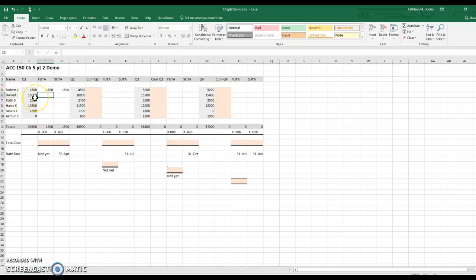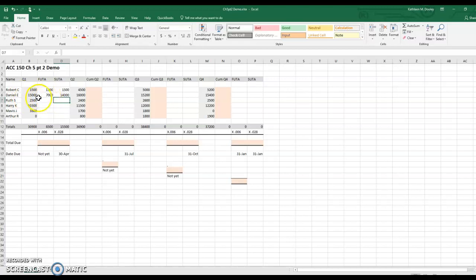Now, Daniel has $15,000. That's well over the maximum, and so only the maximum will be taxable for FUTA, so we can put in the $7,000. He is over the maximum also for SUTA. SUTA's maximum is $14,000, so only the $14,000 is actually taxable for SUTA, so he has $1,000 of gross wages that are not taxable even for SUTA.